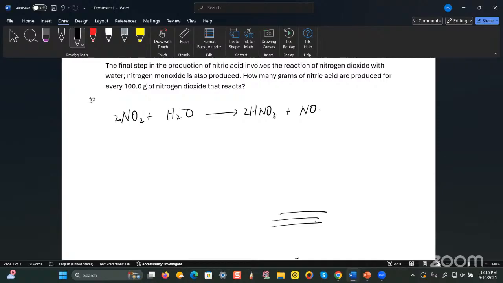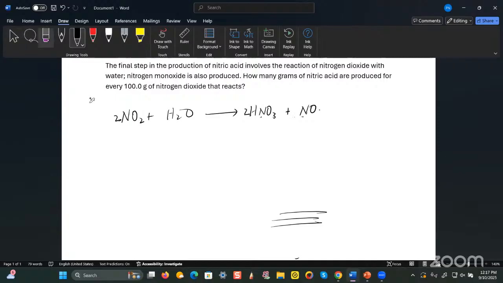Well, here's the problem with the nitrogen dioxide here, with the two here. It would be 3 nitrogens on this side, and you have 2 on this side.